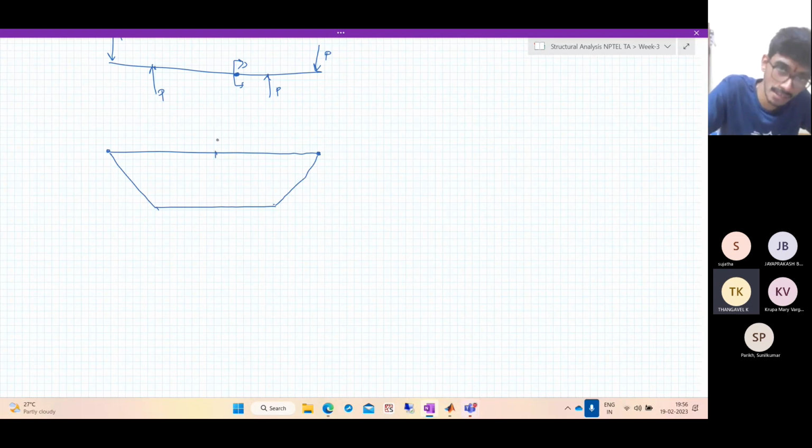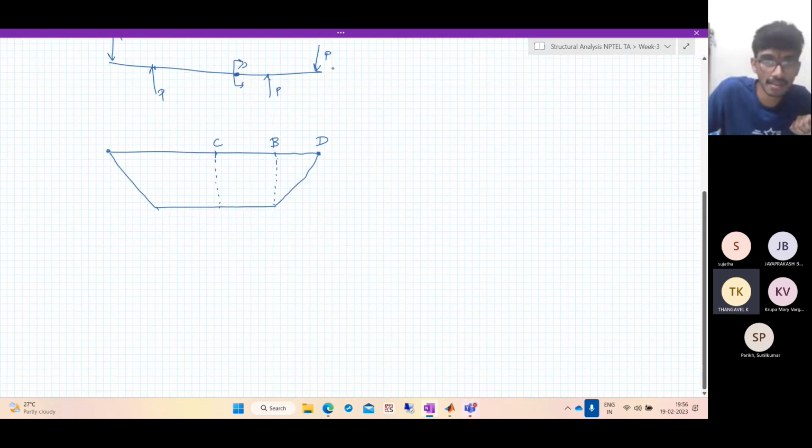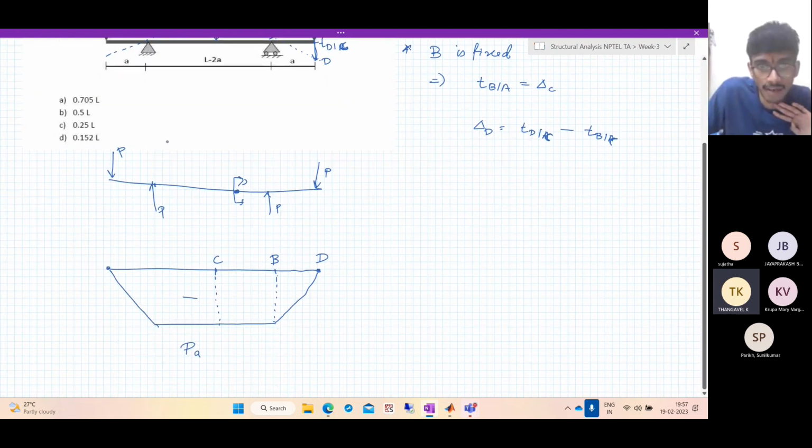This is the point C. This is the point B. This is the point D. Now, what is the magnitude? Magnitude is P into A. That's all, simple. Positive or negative? Negative, because it creates a hogging moment. And we need, of course, the PA by EI diagram.